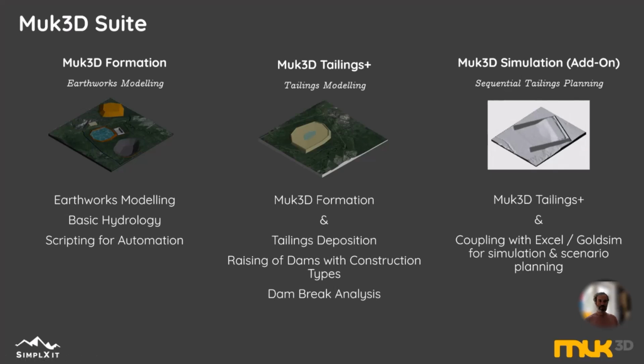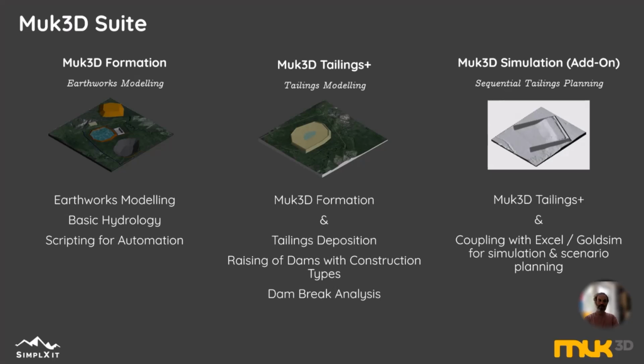So that includes the three main products, which are Muk3D Formation, Muk3D Tailings Plus, and Muk3D Simulation, which is an add-on. Muk3D Formation is basically just the earthworks modeling component. So it allows you to do all the earthworks modeling, do some basic hydrology and visualization, as well as some scripting.